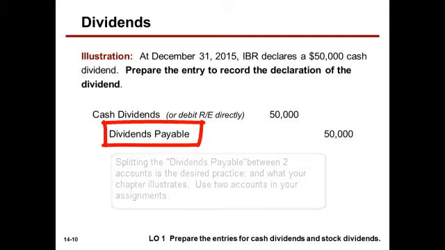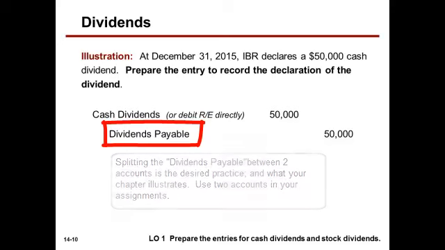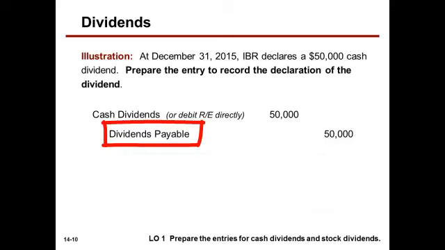We could have split that between dividends payable dash preferred shareholders, total of $10,000, and dividends payable dash common shareholders, $40,000. In this case, we're just using one account. Again, this journal entry just indicates the entry at declaration time. Upon payment, dividends payable will be decreased with a debit and cash with a credit at the payment date.